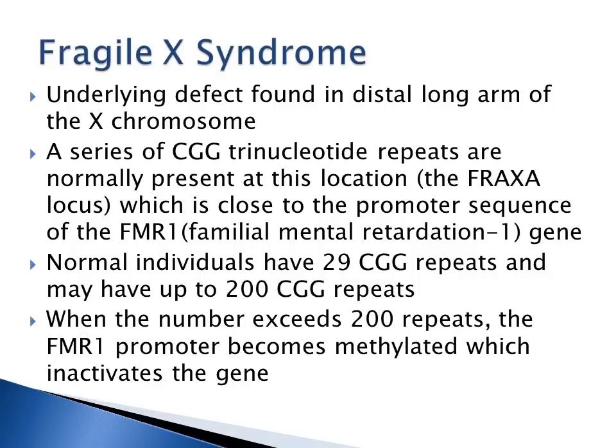This locus is in close proximity to the FMR1, or familial mental retardation 1 gene. Normal individuals have 29 CGG repeats, but may have up to 200 CGG repeats. When that number exceeds 200 repeats, the FMR1 promoter becomes methylated, which is going to inactivate that gene.